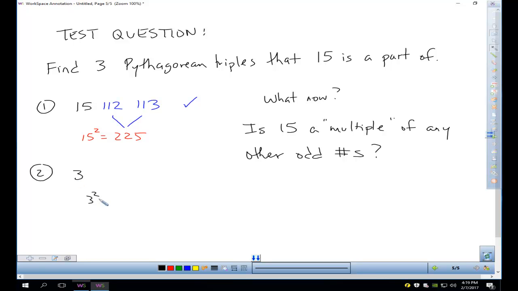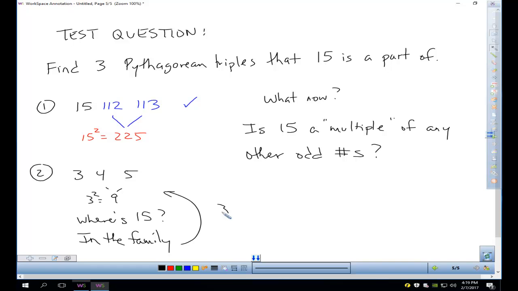Right? 3 squared is 9, 4 plus 5 equals 9, but I don't see 15 there. So how do I get 15? Well, I have to multiply those 3 numbers by something so that 15 shows up. What could you multiply 3, 4, or 5 by to get a similar triangle?